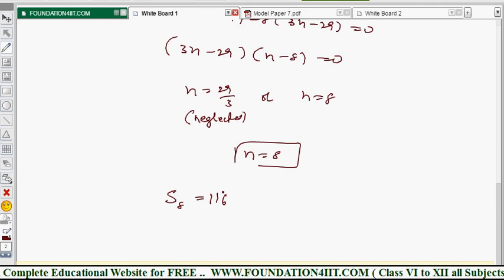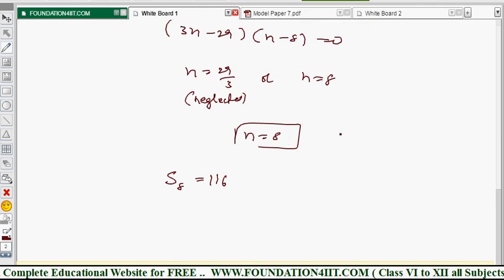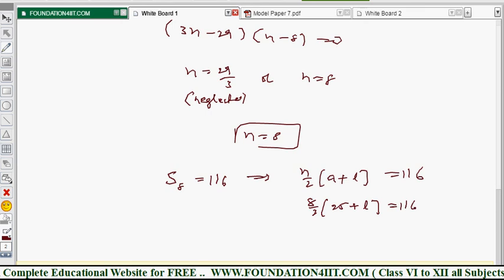Right. Then we can find out the last term. So last term they asked. From this Sn, one more formula is n by 2 into a plus l, where l is the last term. Sn is 116, n is 8, right? So 8 by 2 into a, which is 25, plus l is equal to 116.